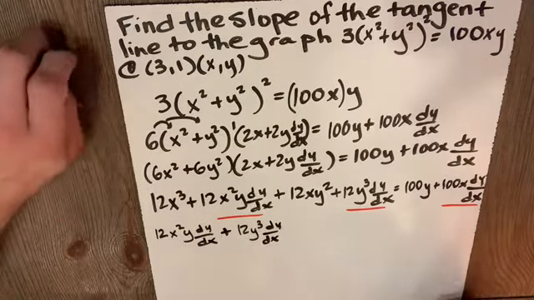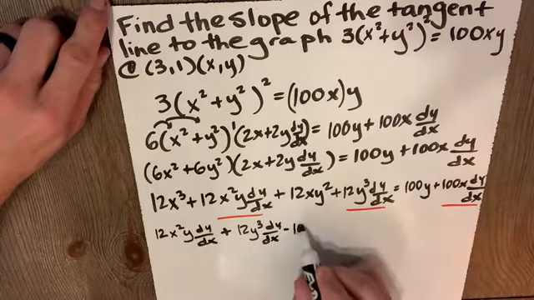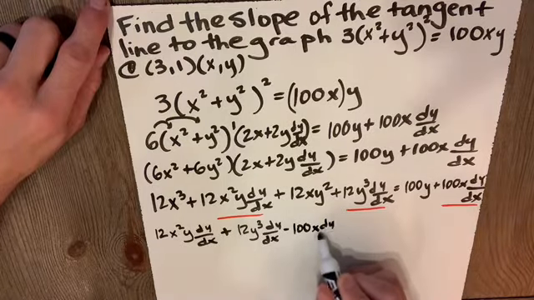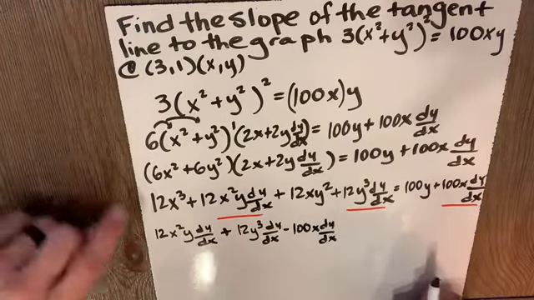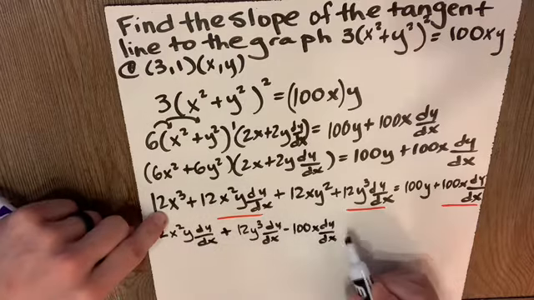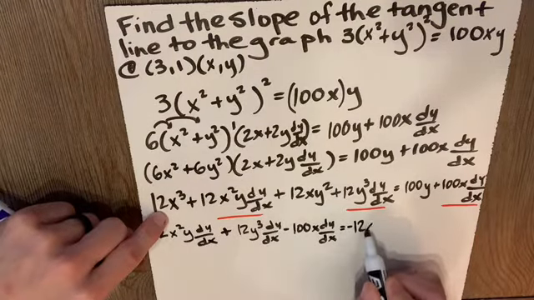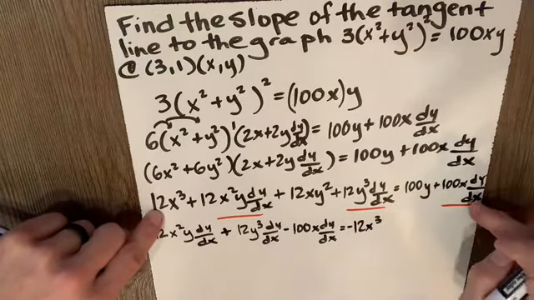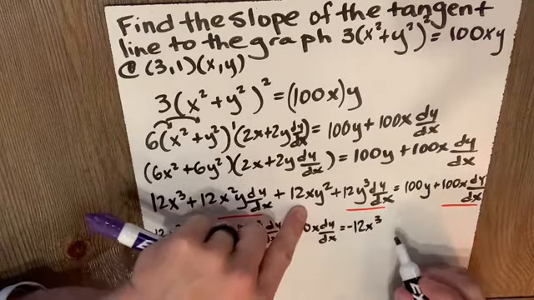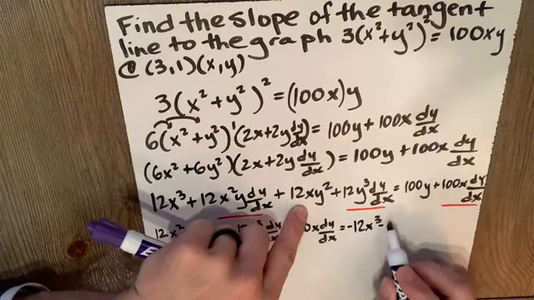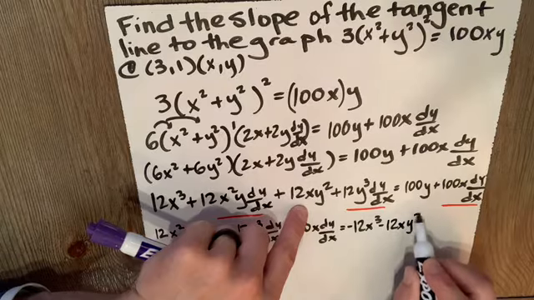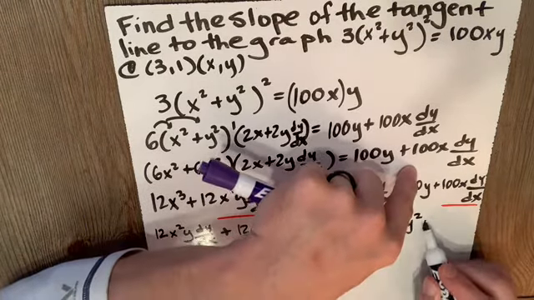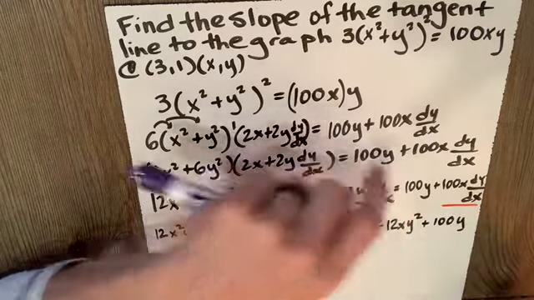I'll subtract 100x dy dx from both sides, minus 100x dy dx is equal to, well, I'm going to subtract 12x cubed from both sides. So I have negative 12x cubed. I've moved this over to here. I'm going to subtract 12xy squared from both sides, minus 12xy squared, and plus 100y stays where it is.